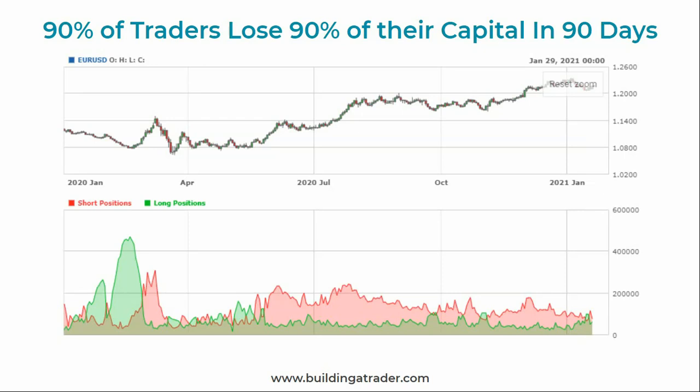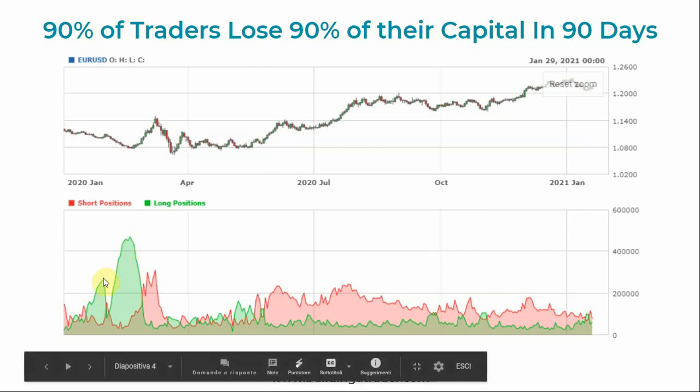This is a chart from my FX book Outlook, and basically what it shows you is the positioning in aggregate of retail traders with live accounts. Okay, this is only data taken from live accounts. And this is the euro dollar. So you can see that from the start of January, during the downtrend, in aggregate, the retail market on my FX book was long on the euro.